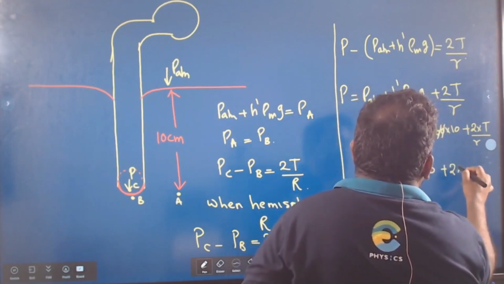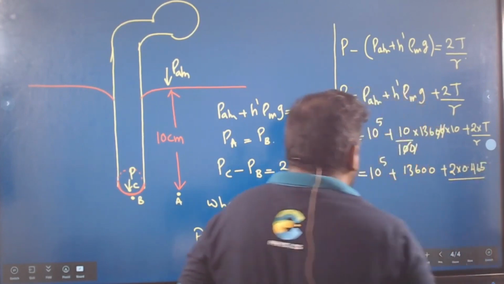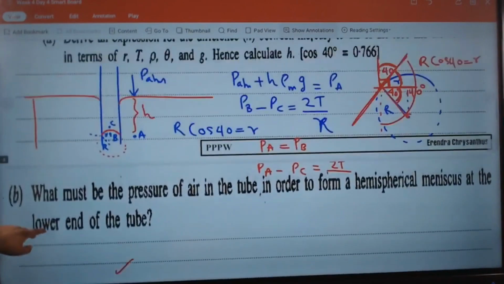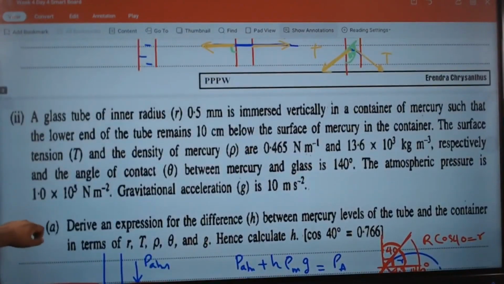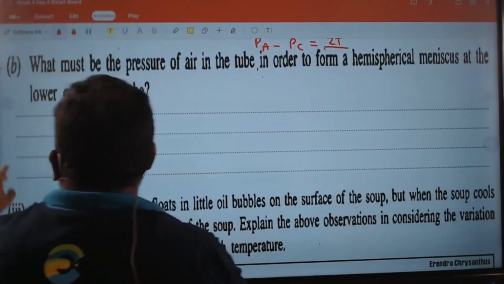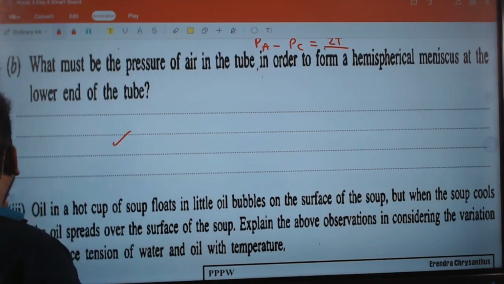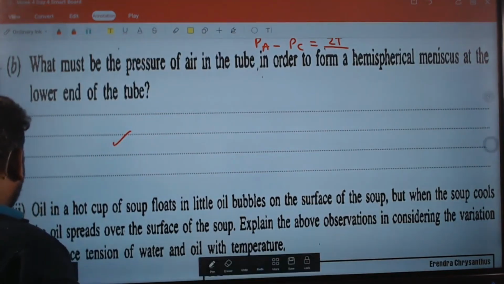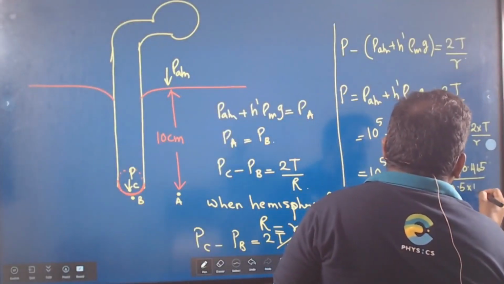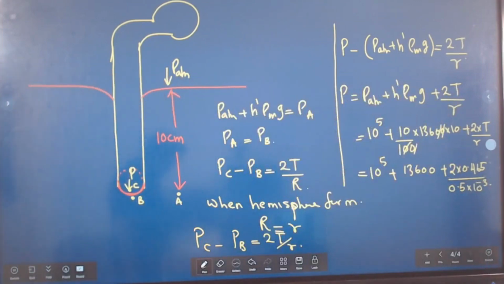13,600 plus 2 times surface tension 0.465 over radius. The radius of the tube is going to be 0.5 millimeters, convert to meters.